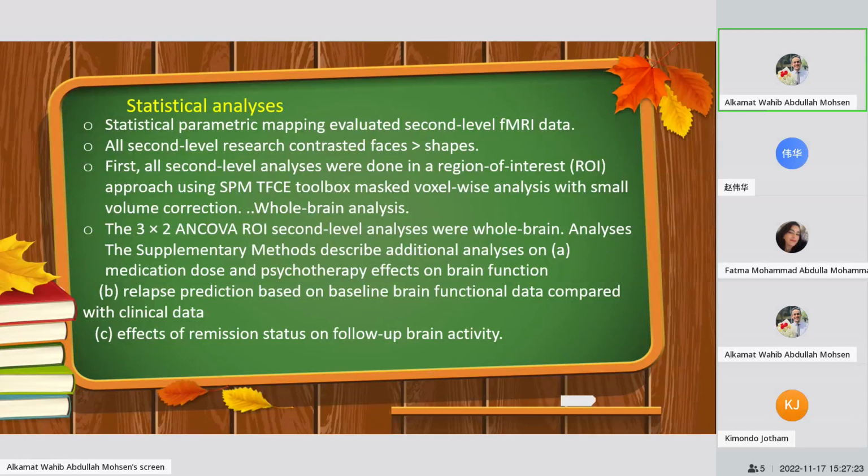First of all, the second level analysis was done in the region of interest, the ROI.